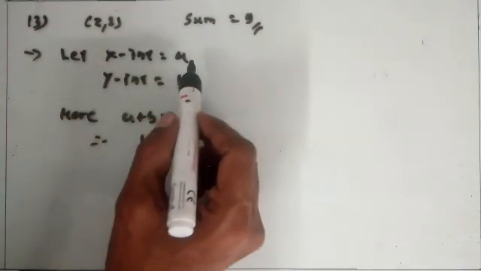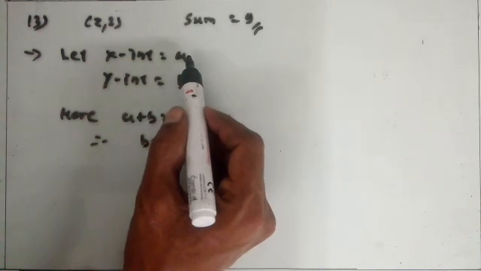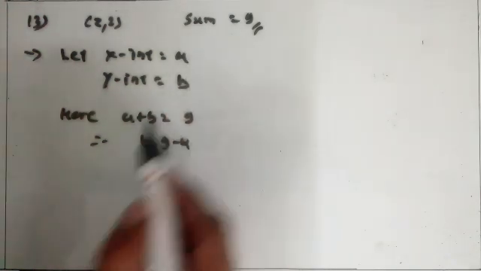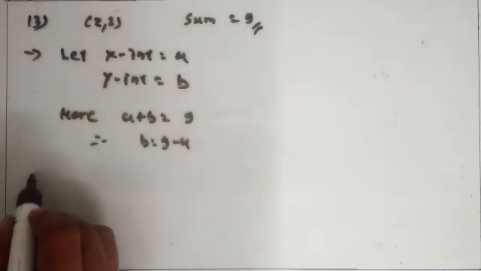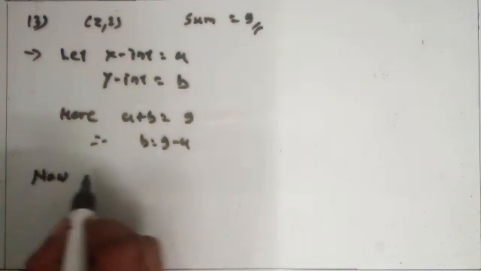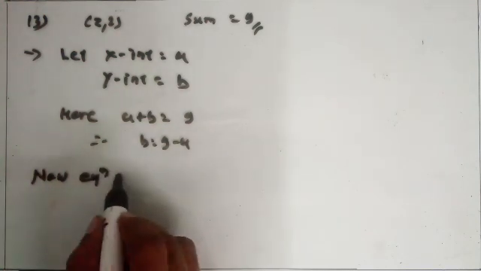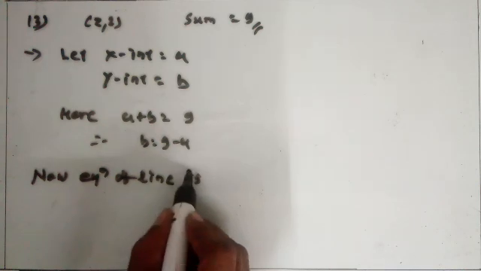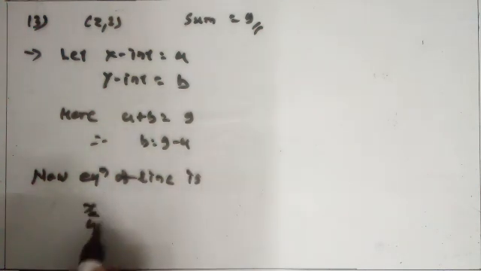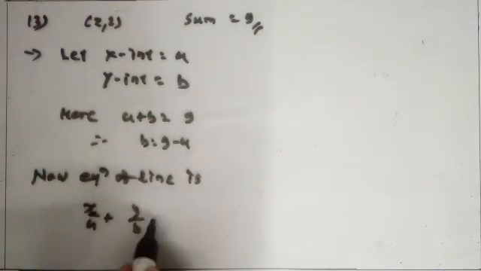Now, the equation of line with x-intercept A and y-intercept B is x upon A plus y upon B is equal to 1.